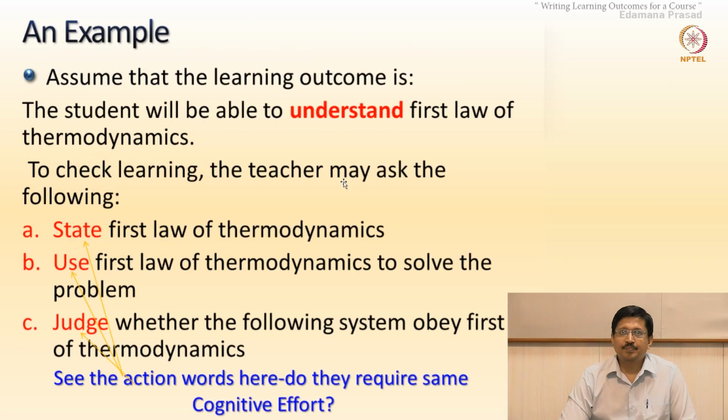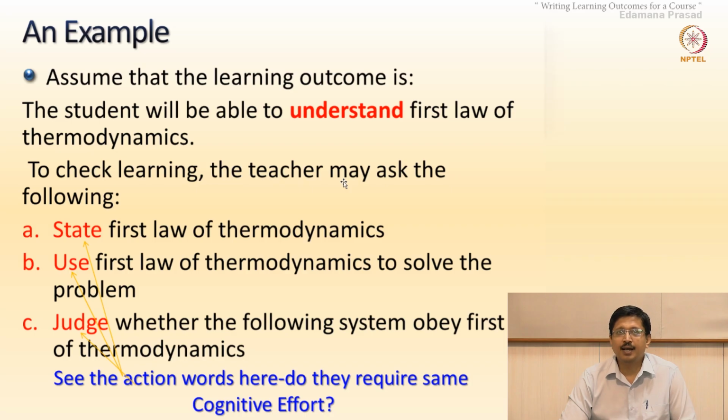So let us take one example. Assume that the learning outcome is written like this: the student will be able to understand first law of thermodynamics. To check the learning, the teacher may ask the following questions. Question number 1, state first law of thermodynamics.